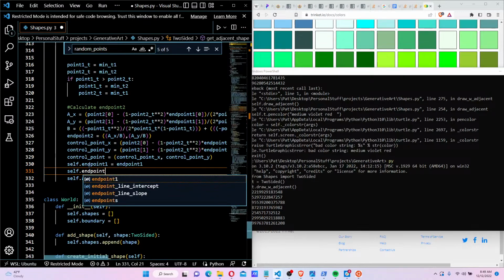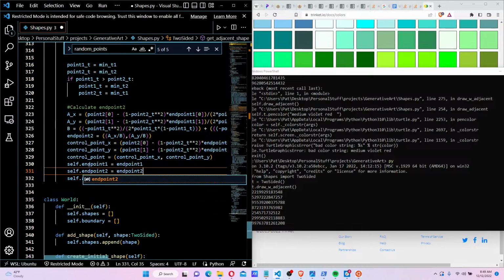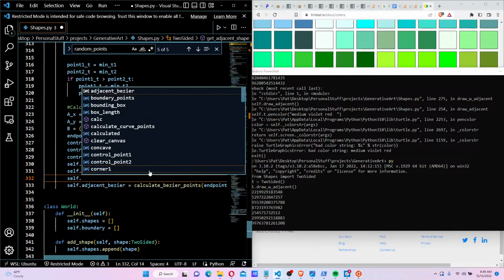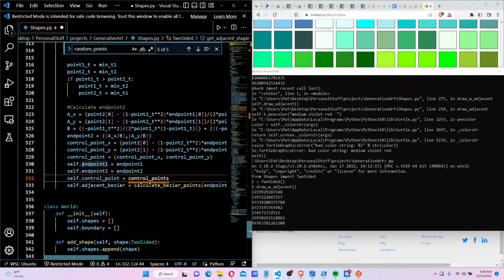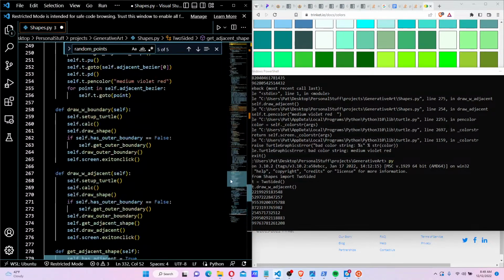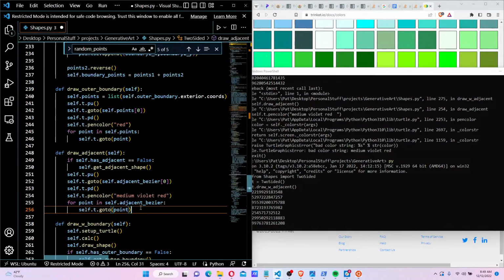Self dot endpoint 2 is equal to endpoint 2. And self dot control point, and all these are going to be adjacent. Okay, so then when we draw it, draw with adjacent, draw adjacent.